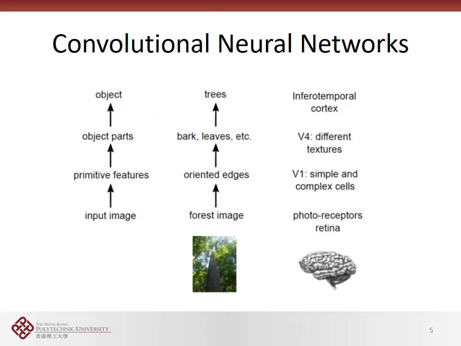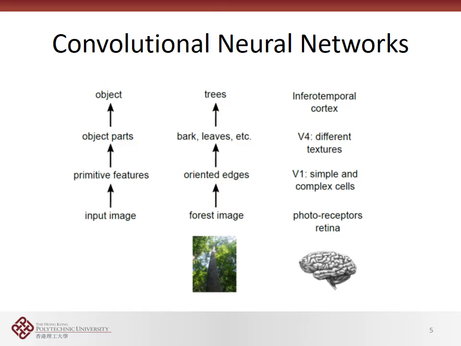Among many different deep learning models proposed in recent years, the most widely used is convolutional neural networks. Compared with traditional artificial neural networks, convolutional neural networks are inspired by the animal visual cortex, in which the individual neurons are organized in a hierarchical way.